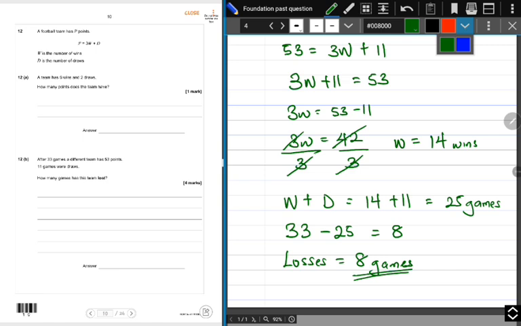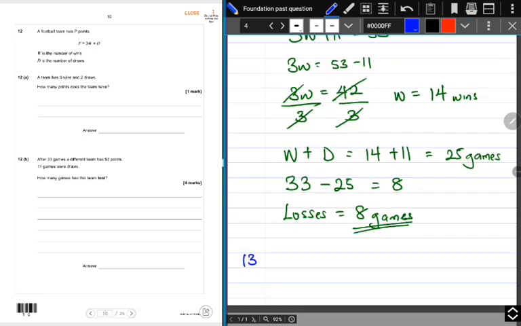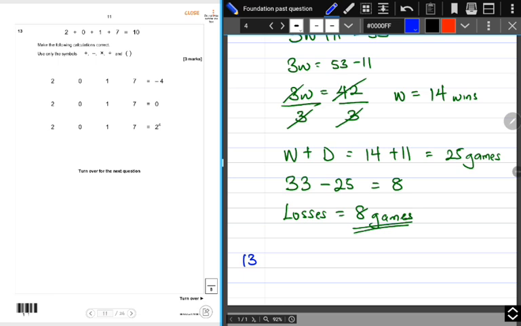So that's for that. Question 13. We are given 2 0 1 7 equals 10. Now, it says make the following calculations correct using only the symbols plus, minus, times, division, and then brackets.